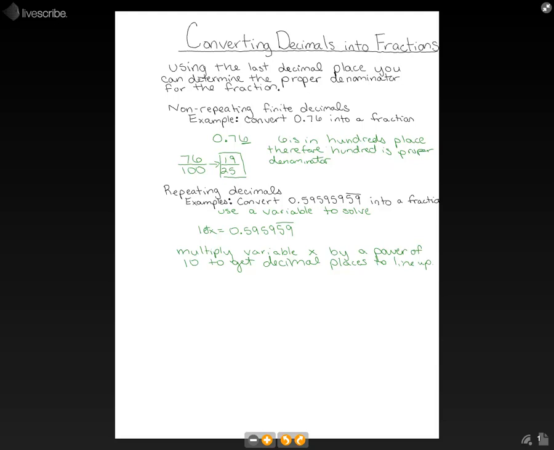So a general way to look at this is to see the last place it repeats. In this case we have 0.59 repeating. The 9 is in our hundredths place. So we're going to multiply by 100.